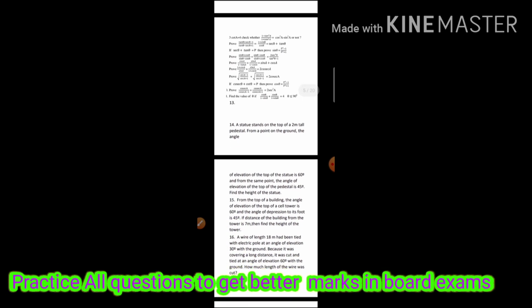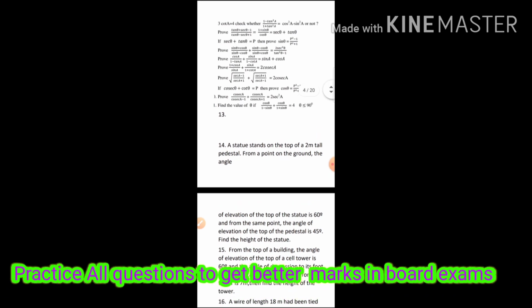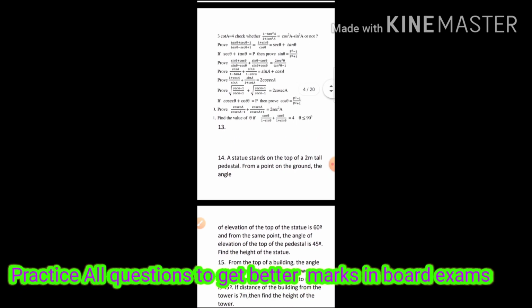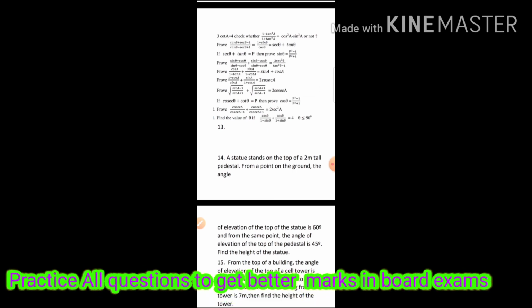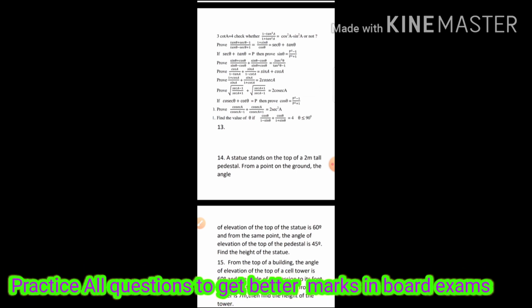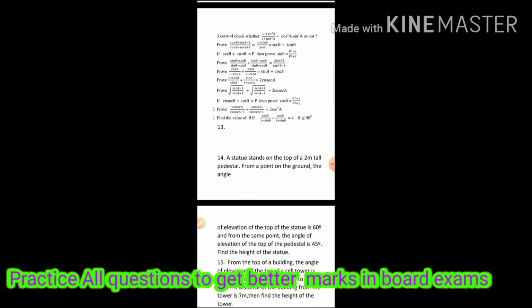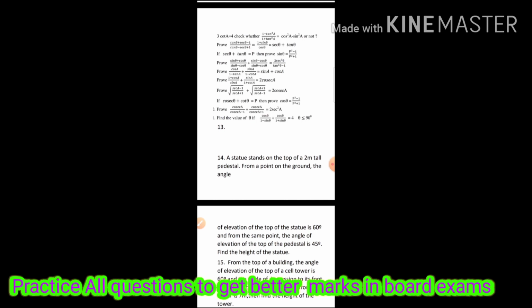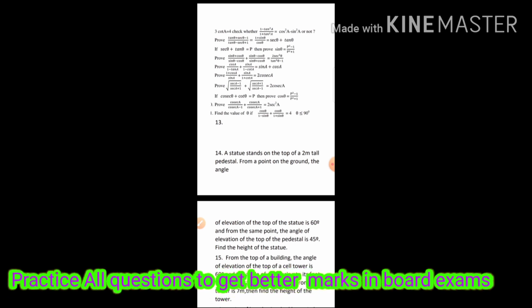Next trigonometry. Many students suffer, meaning they fear trigonometry basics. If you know the basics, you will get it easily. Only a little bit: what are ratios, sin theta equal to opposite by hypotenuse, cos theta equal to adjacent by hypotenuse. It is very easy.